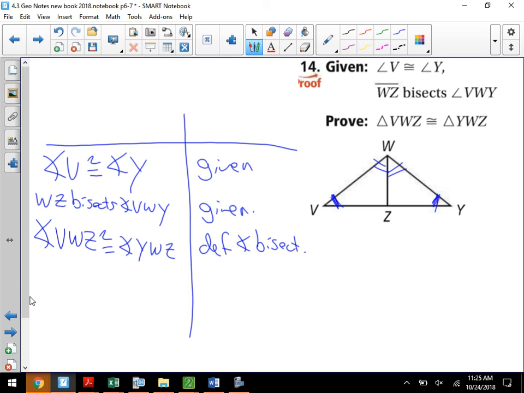Okay. So now, when you have your diagrams drawn up and you start marking them through, you'll notice you've got two angles. Well, if you have two angles, you know it's not side, side, side. You know it's not side, angle, side. It's either going to be angle, side, angle, or angle, angle, side. Well, look at this picture. What does it have again? It has the reflexive property. Good. So you've got the reflexive property, WZ is congruent to WZ.